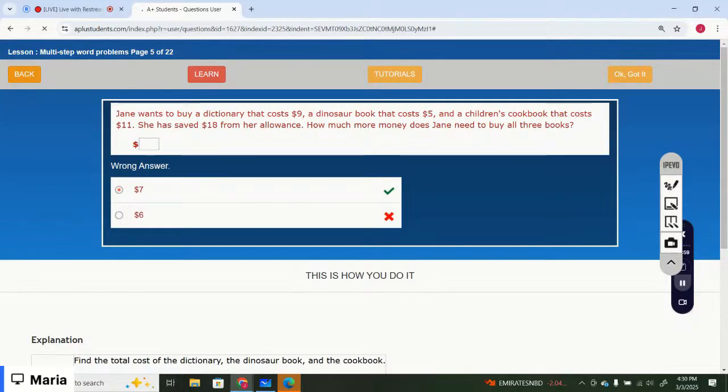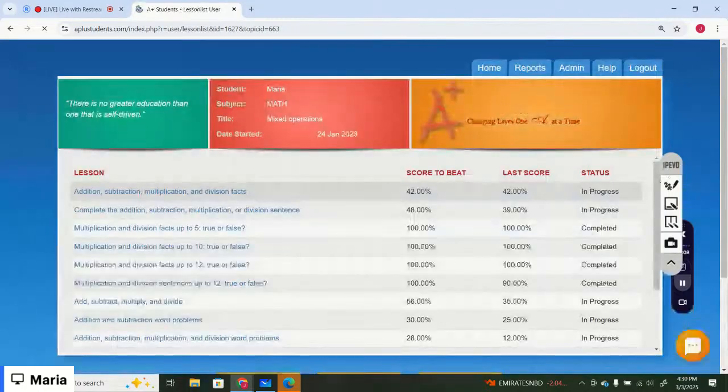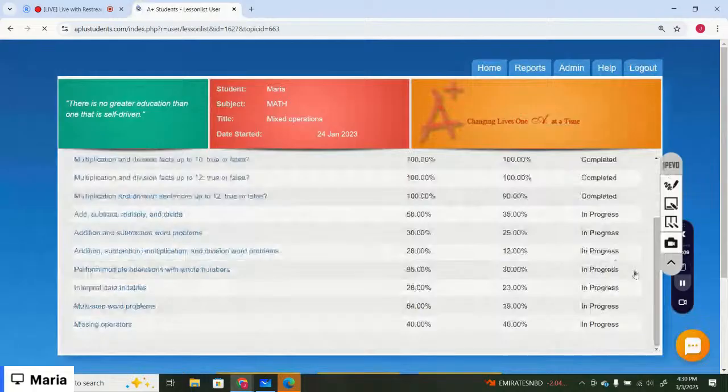Let's just move to the next lesson. The next lesson is missing operators.